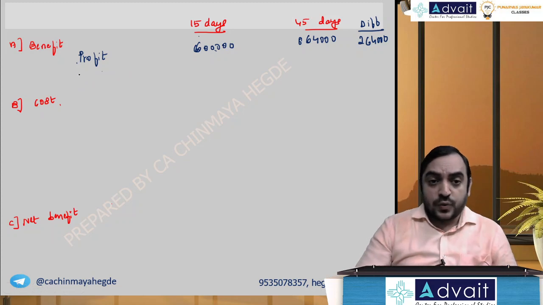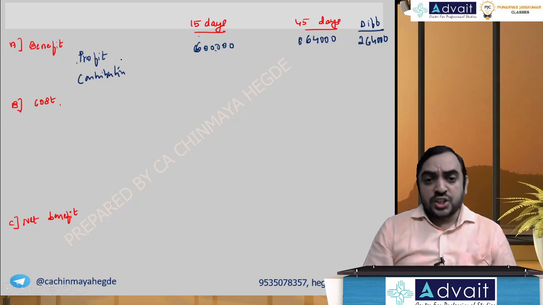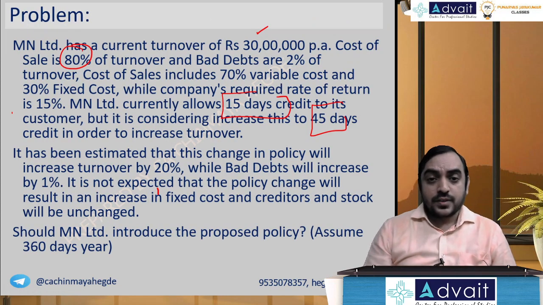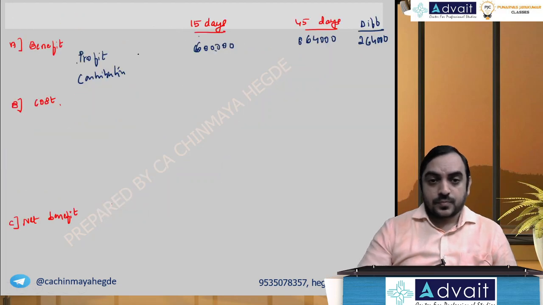I'll just show you quickly how you get contribution similarly. What is the contribution now? Existing: sales is 30 lakh minus variable cost 16 lakh 80,000, which is 13 lakh 20,000, right?